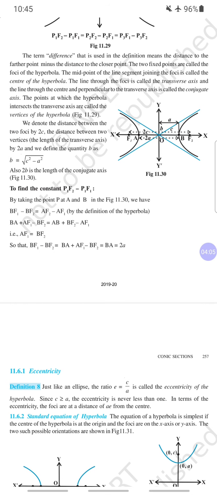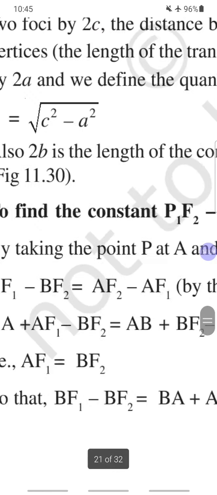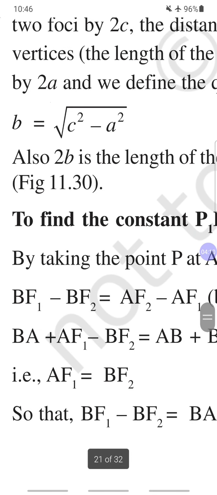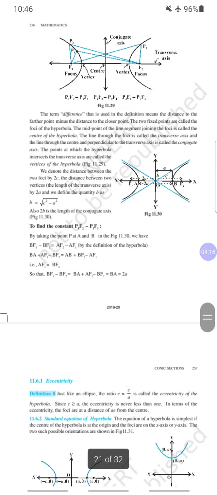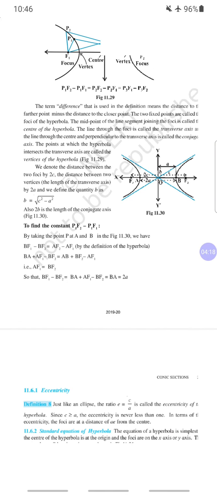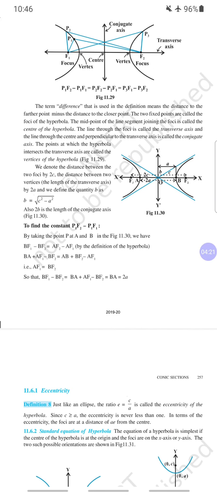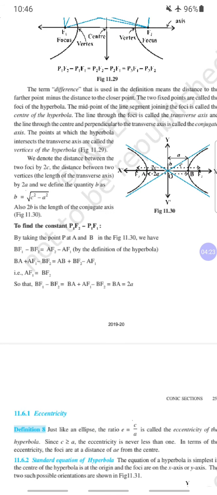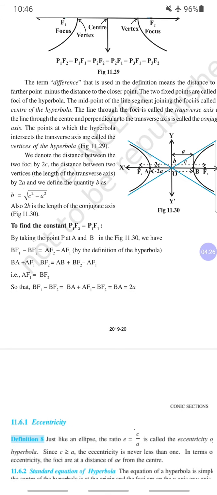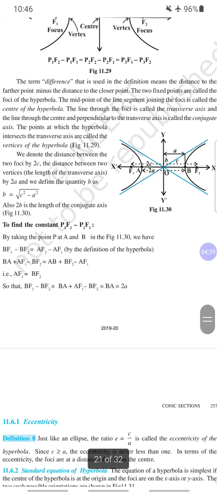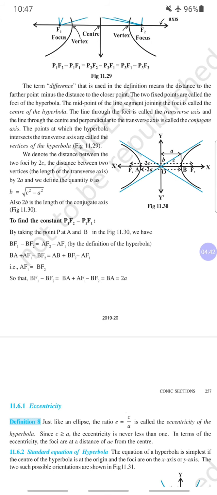Here we define b equal to root of c square minus a square. From this equation, we can directly say that b square will be equal to c square minus a square.